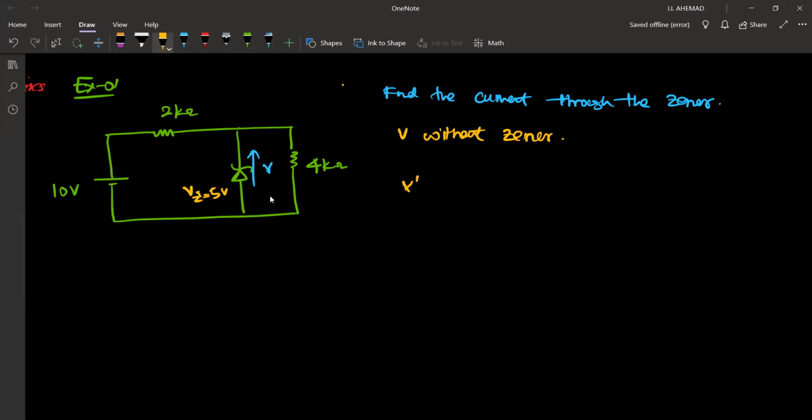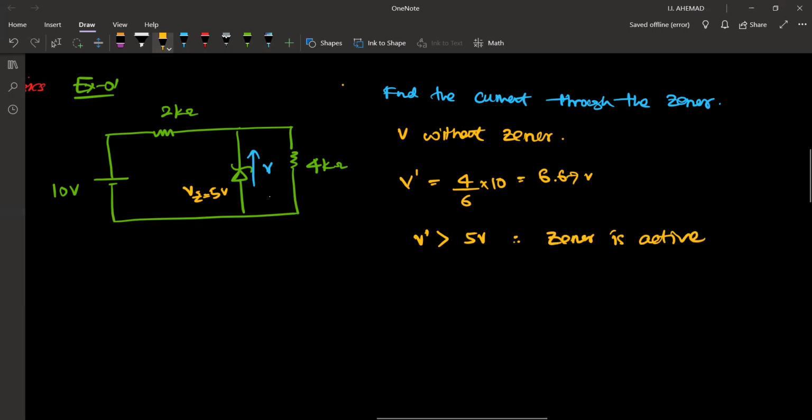V dash is equal to 4 over 6 into 10, which is 2/3 of 10, 6.67 volts. V dash is greater than 5 volt, therefore Zener is active.